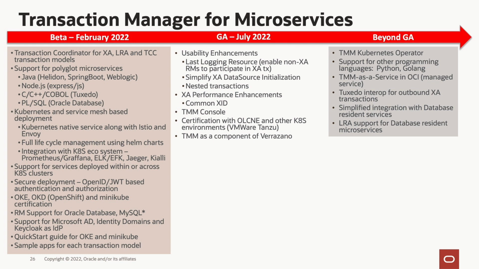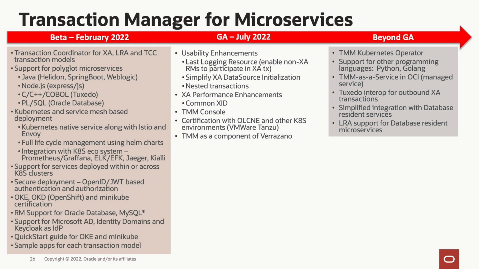There are a number of usability enhancements that we are planning in this release. Last logging resource is one of them. Todd described in detail what that is. Then other application development related enhancements, XA data source, when you're developing the Java XA microservice, to make it easier to develop that. Nested transaction.